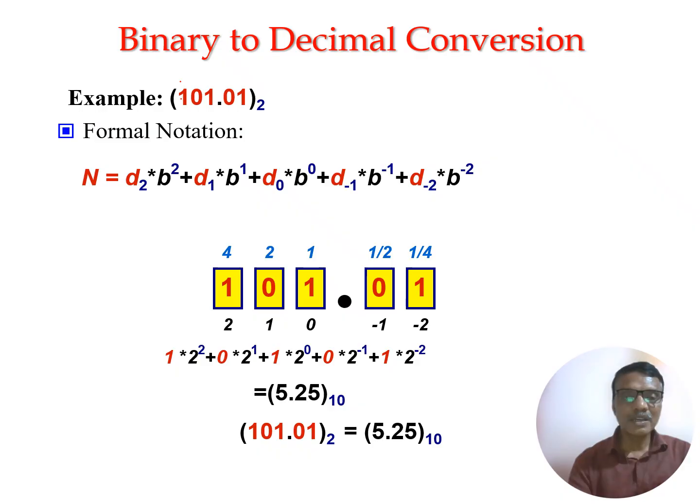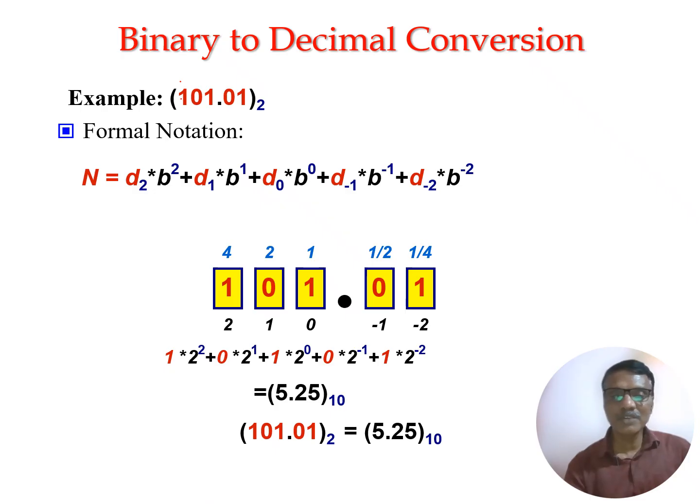So 1 into 4, 4. Then this here is 0 and then 2 power 0 is 1, 1 into 1, 1. So 4 plus 1, 5. And then after the decimal point, 1 by 2. So 1 by 2 is 0.5 and 1 by 4 is 0.25. So here 0 means it won't come.